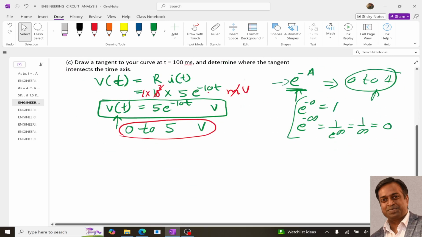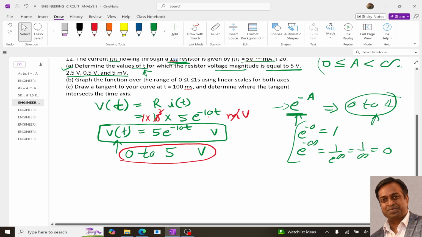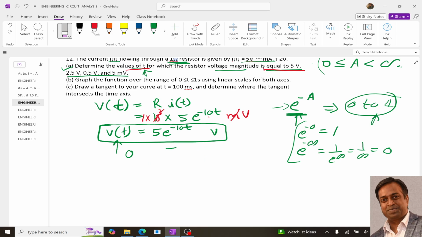Now the question says that we need to determine the value of t for which the voltage is 5 volt. So we need to determine t, and v(t) is given. Rearranging, bring this 5 over here: v(t) upon 5 equals e to the power minus 10t.